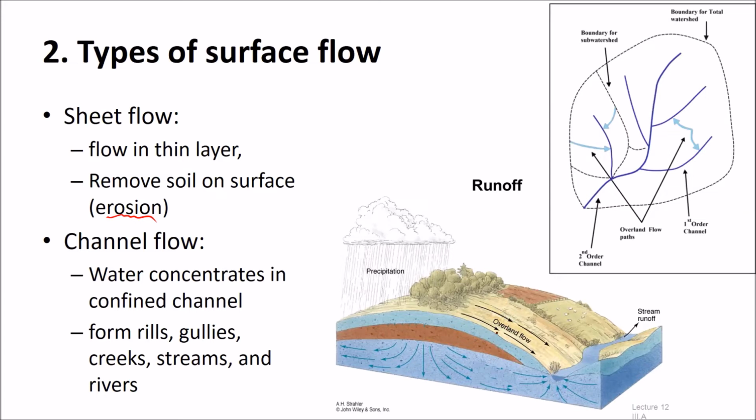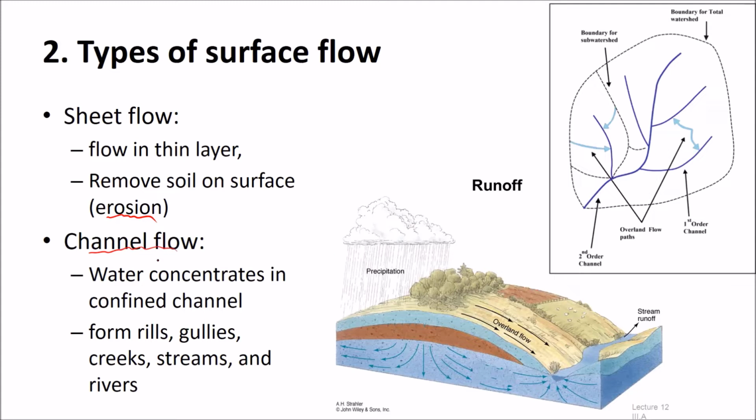After a certain distance, the overland flow, the sheet flow, can concentrate. When the soil and rock is soft, it can be concentrated in a channel. Then it will be channel flow, the second type.